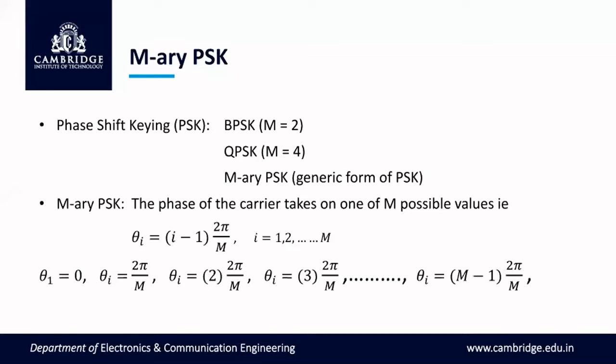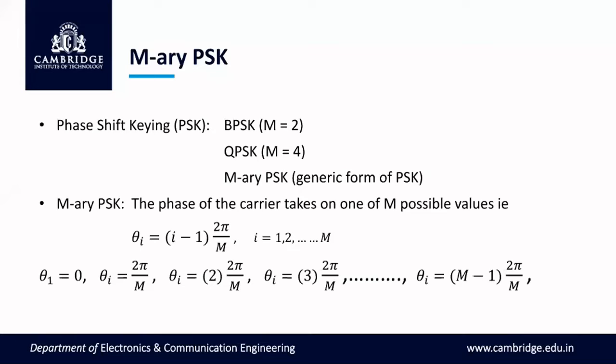Like this, in MPSK, the signal can have more bits per carrier signal. So for example, M equal to 8, octa. M equal to 8 means how many bits do you need to represent 8 symbols? Means 3 bits. 2 cubed is equal to 8. That means every symbol carries 3 bits of information. So every carrier signal is capable of carrying 3 bits of information.